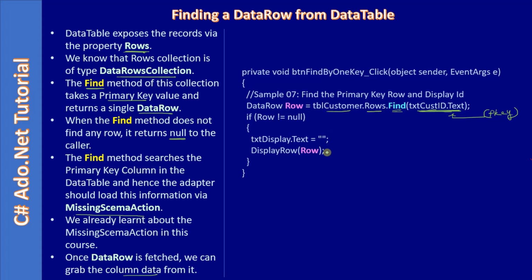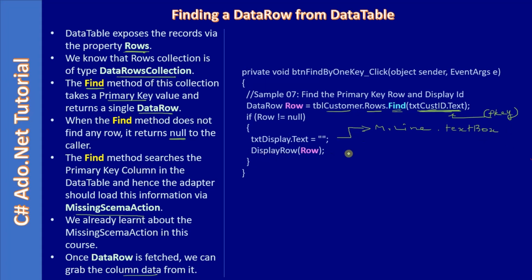So if that is the case, we will come inside and we will clear the txt display. This is our multi-line text box. Right? Then we will make a call to display row.